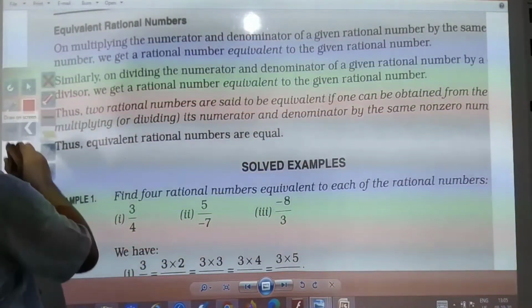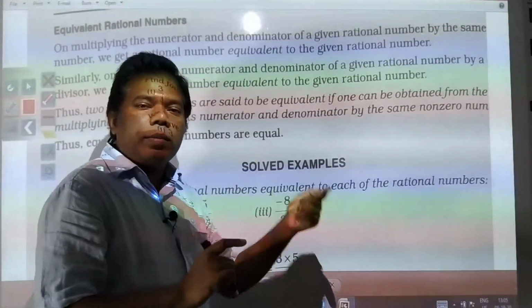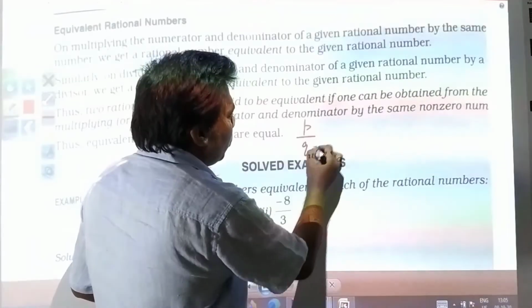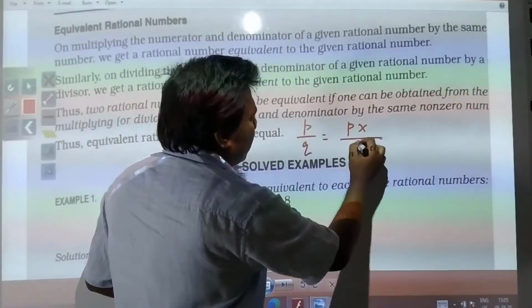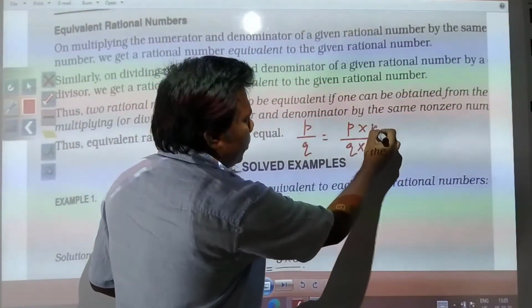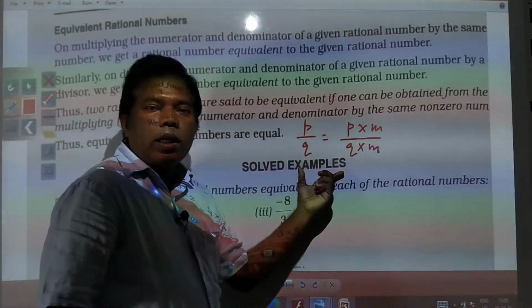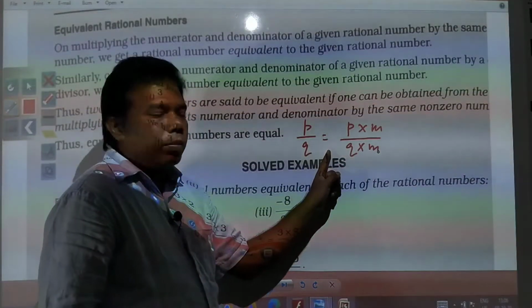Suppose you have a rational number p by q, and it is multiplied by the same number in numerator and denominator, p into m and q into m, so both will be equal. These both will be called equivalent rational numbers.